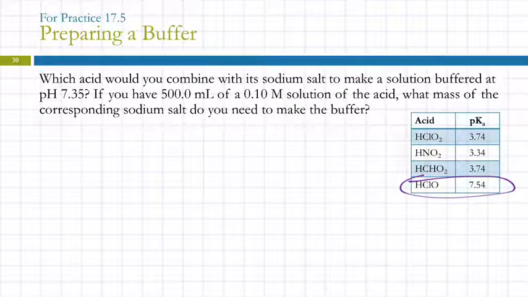This is the acid we want to use. Okay, so we want a pH of 7.35, and then we have to figure out how much of the sodium salt to add.